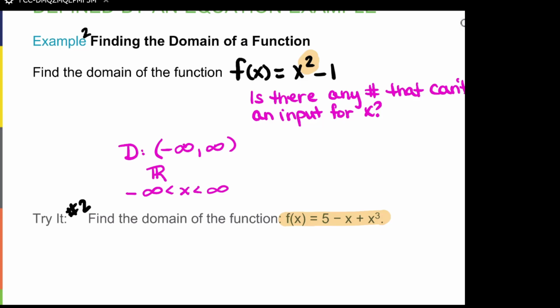Is there anything that you would need to exclude from the domain? And then if there is, write that out in interval notation. Write the numbers that can be included in interval notation. And if they can all be included, then you would do the negative infinity to positive infinity, just like we did here. Okay, so pause the video, and when you come back, we'll go over the answer.